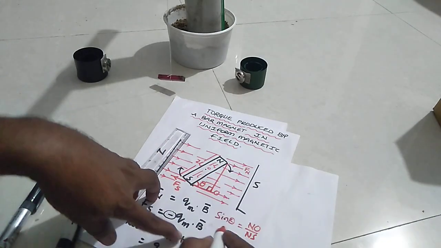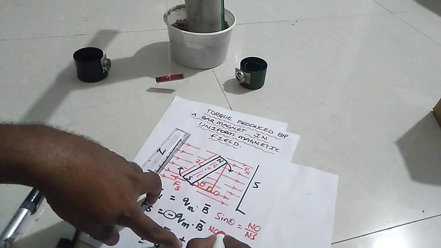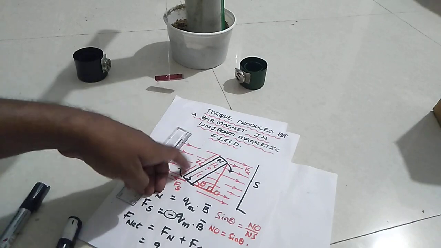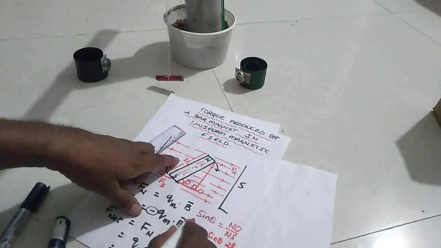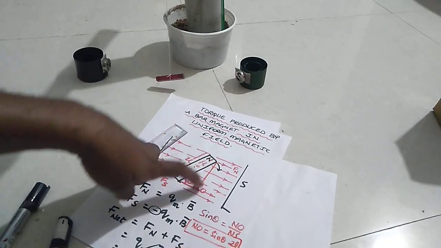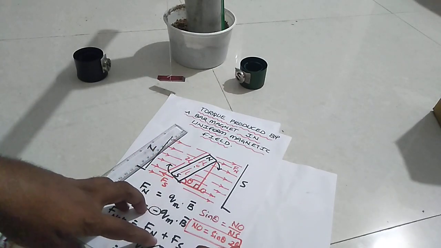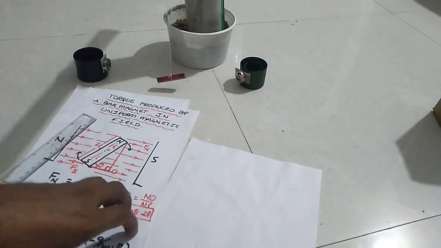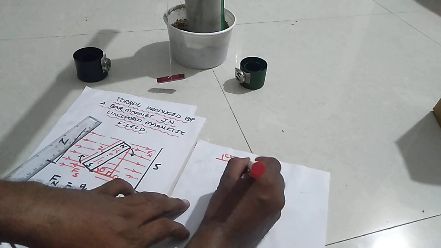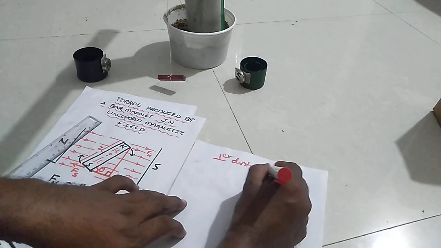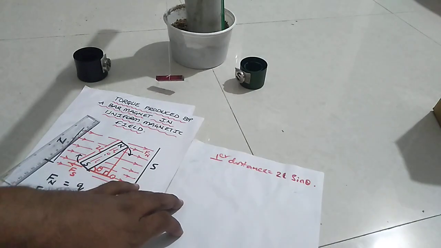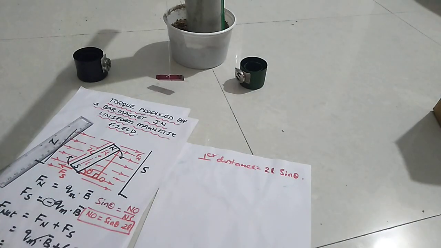If I want the opposite side, then NO should be equal to sine theta into NS. What is the value of NS? It is 2L. So the opposite side, or the perpendicular distance, is sine theta into 2L, or we can say 2L sine theta. Therefore, the perpendicular distance is equal to 2L sine theta.